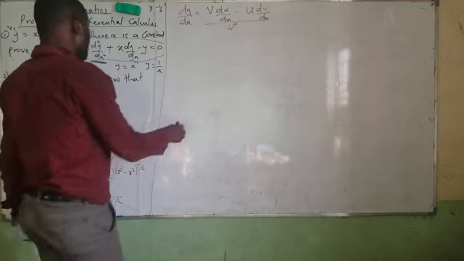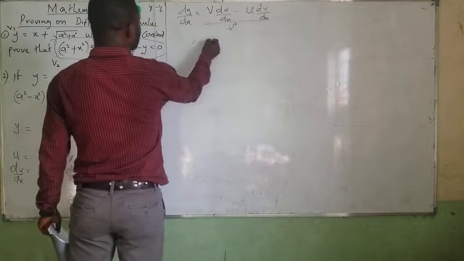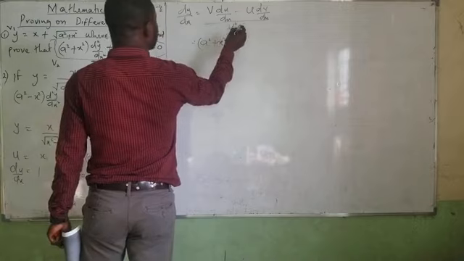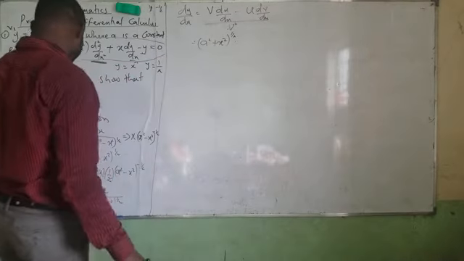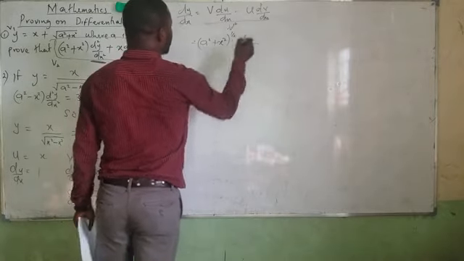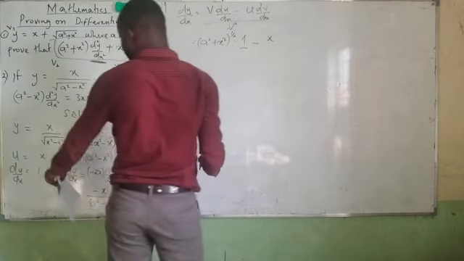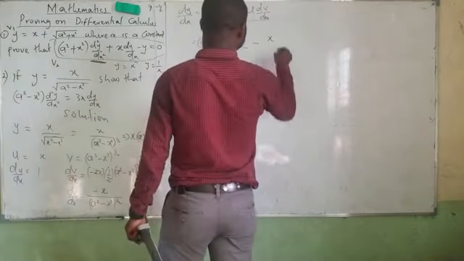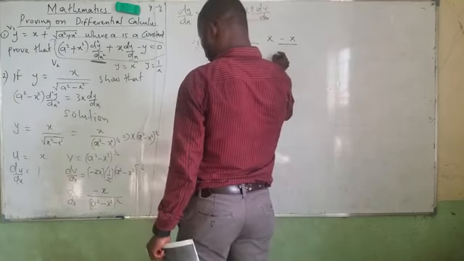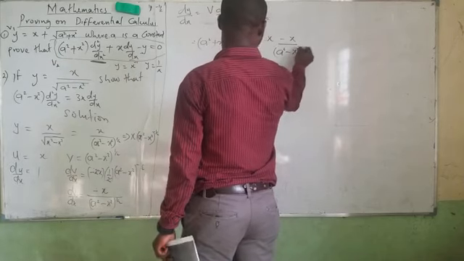This is my v, so I'll be having (a squared minus x squared) to the power of 1 over 2 times du/dx, which is 1, minus u, which is x, times dv/dx, which is minus x over (a squared minus x squared) to the power of 1 over 2.